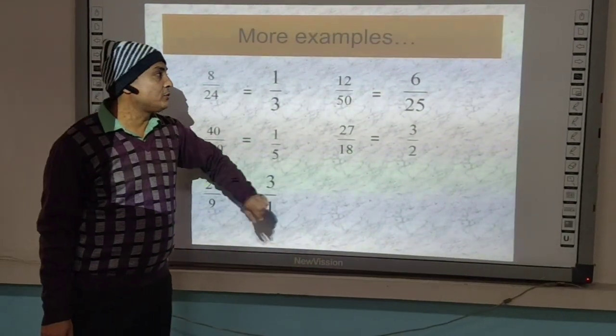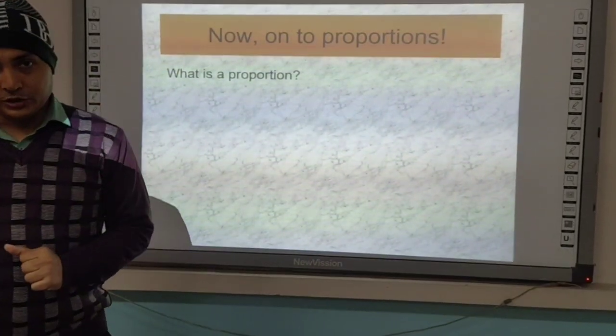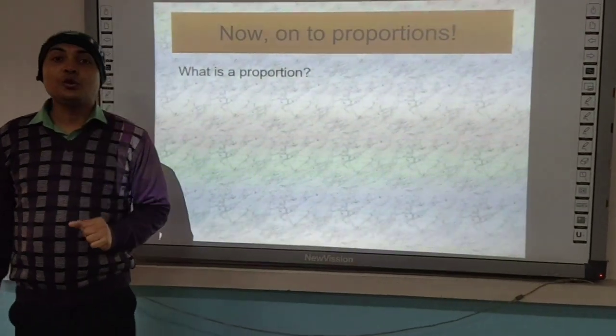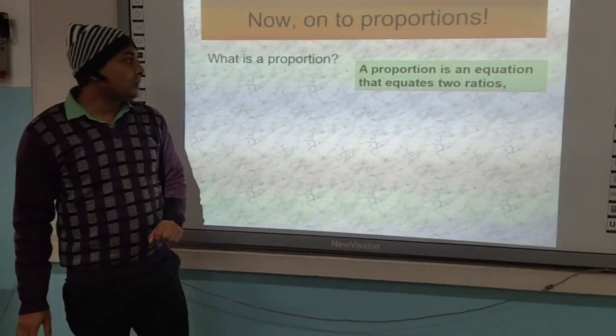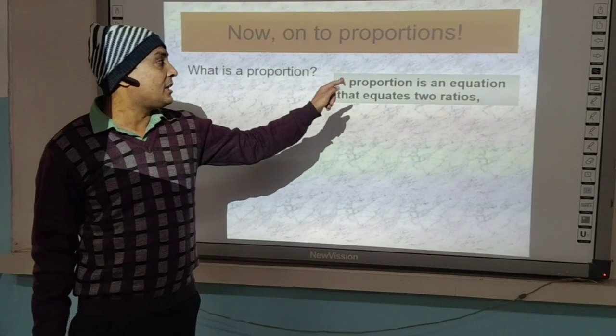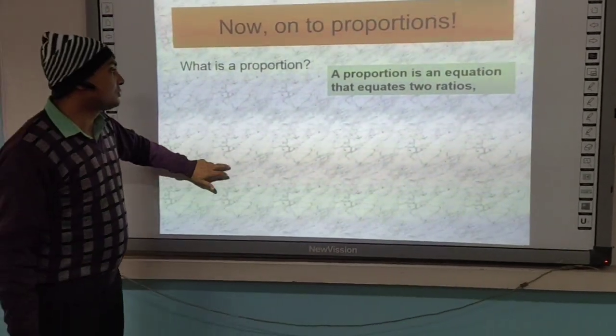Now we are coming to the proportions. So what is a proportion? When two ratios are equal, when we equate two ratios, the proportion is an equation that equates two ratios.